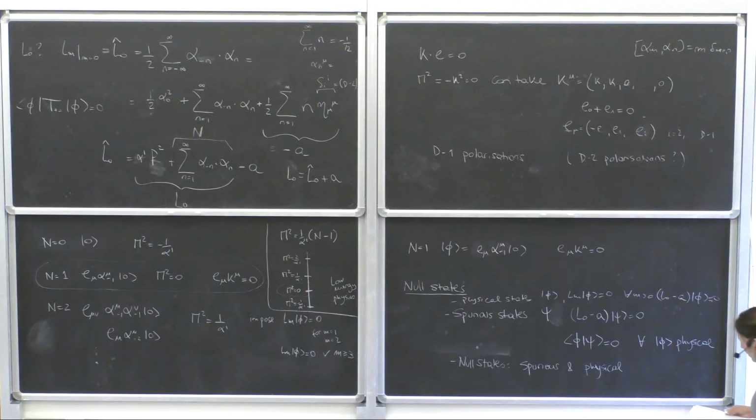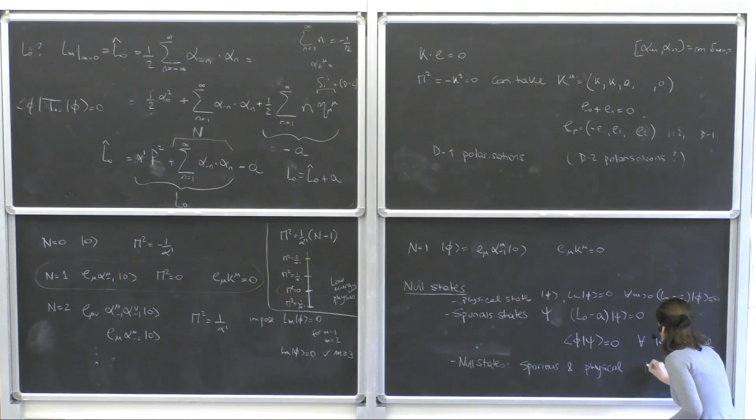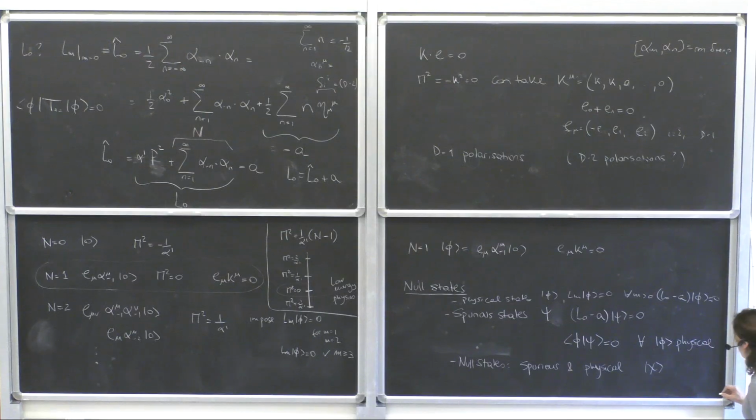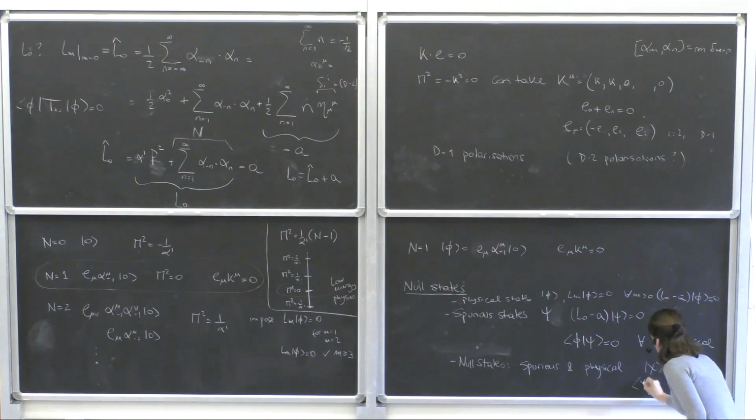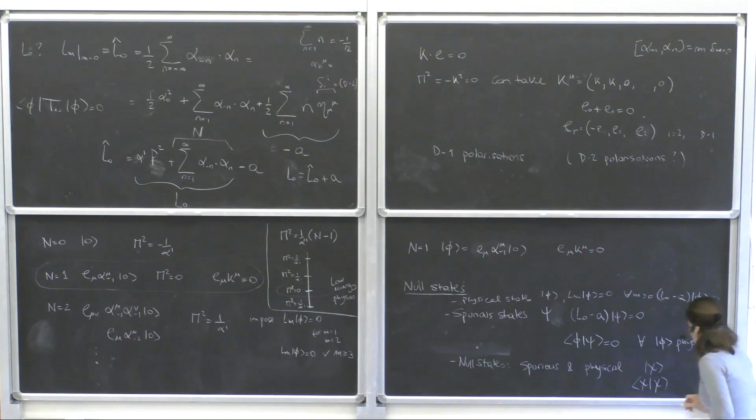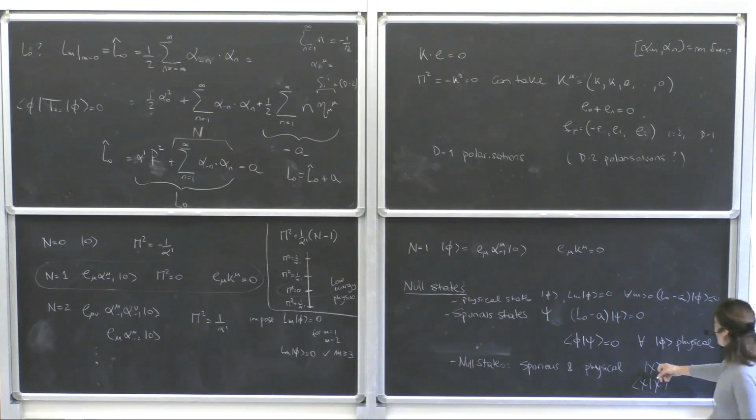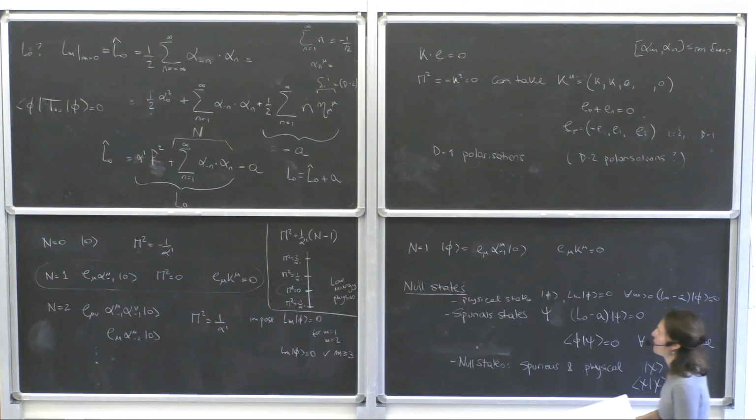So if I call them chi, what is the norm of chi? 0, right? Because it's spurious, so it's orthogonal to any physical state, but it is itself a physical state, so its norm is 0, and that's why it's called a null state.